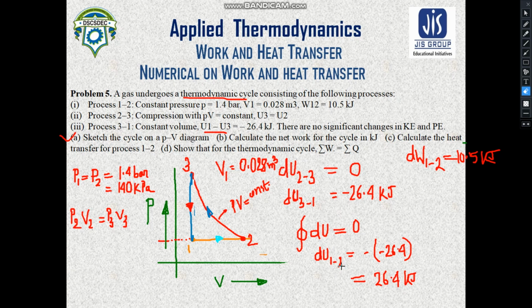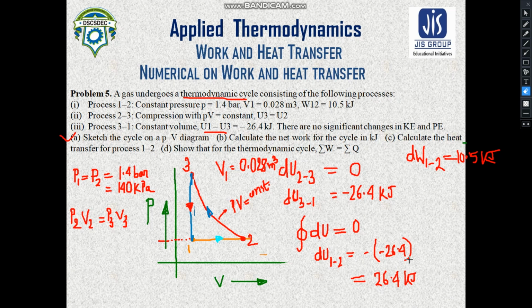Since du 1 to 2 plus du 2 to 3 plus du 3 to 1 will be 0, it can be simply shown that du 1 to 2 will be equal to this.